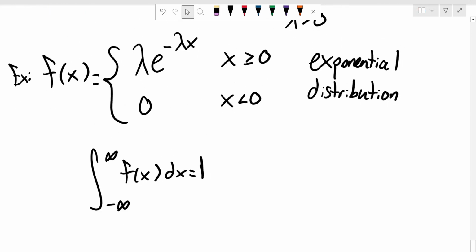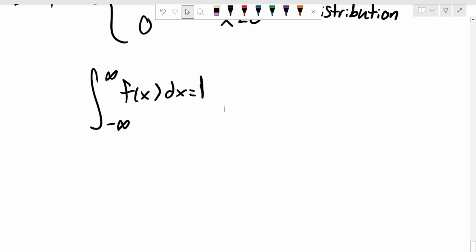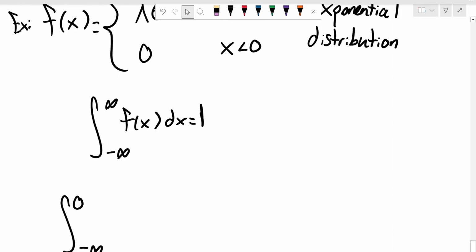So we'll break this up into pieces based on the piecewise function. We kind of saw this when we were looking at how to integrate absolute value functions. So negative infinity to 0. On that piece, it's only 0.